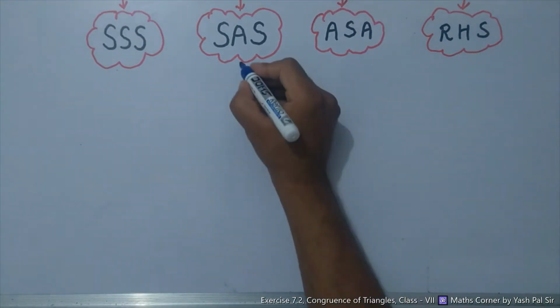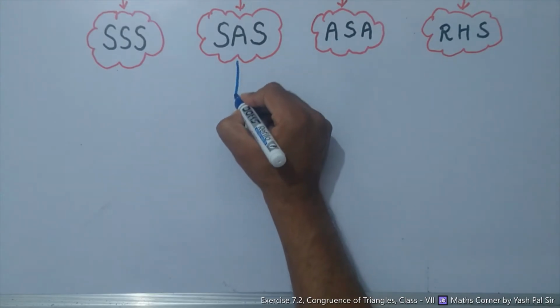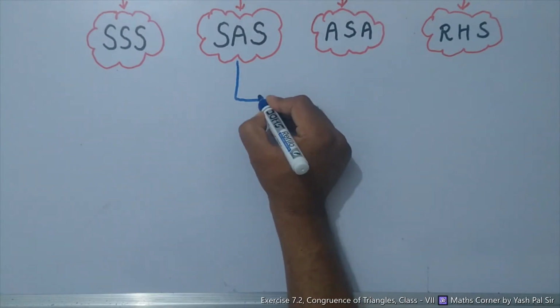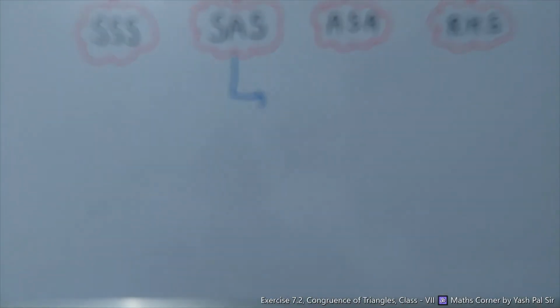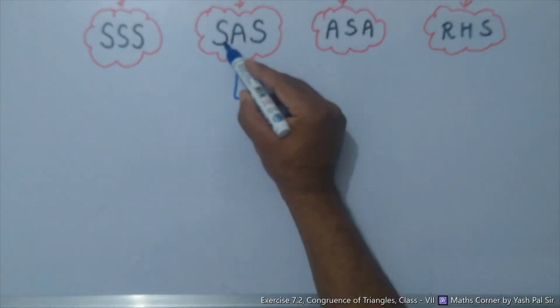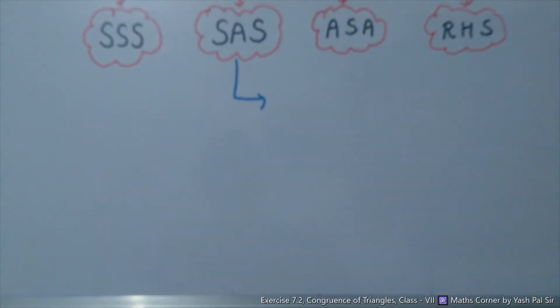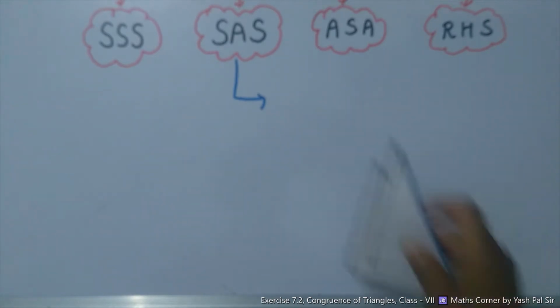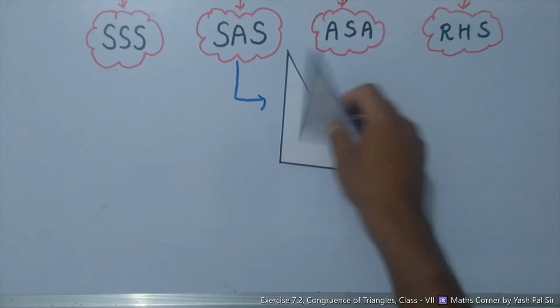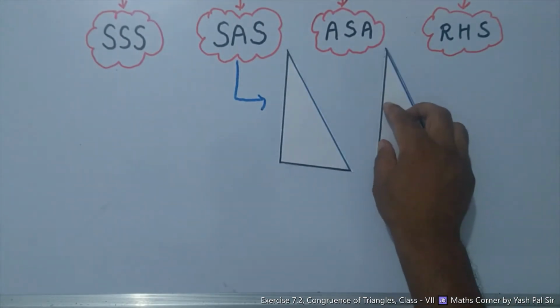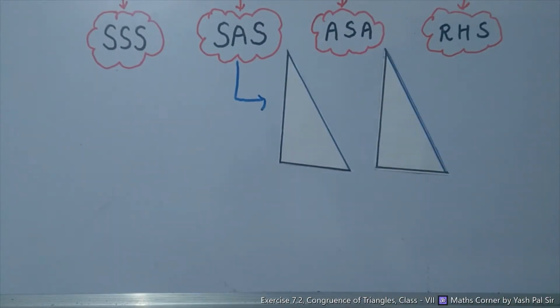Now we shall discuss the SAS criteria for congruence of triangles. Side, angle, side criteria for congruence of triangles. Again, suppose we have two triangles, this is the first triangle, this is the second triangle.